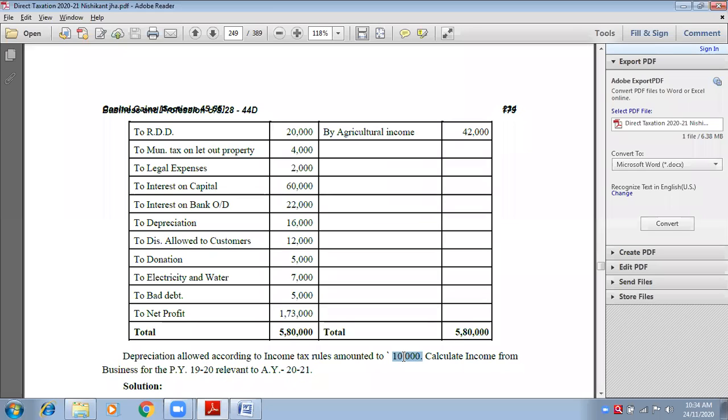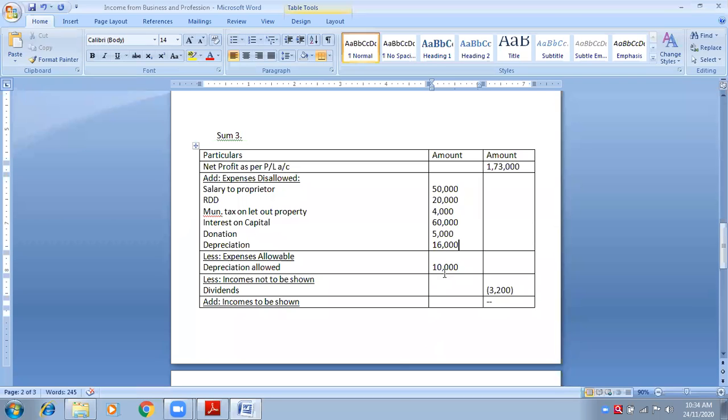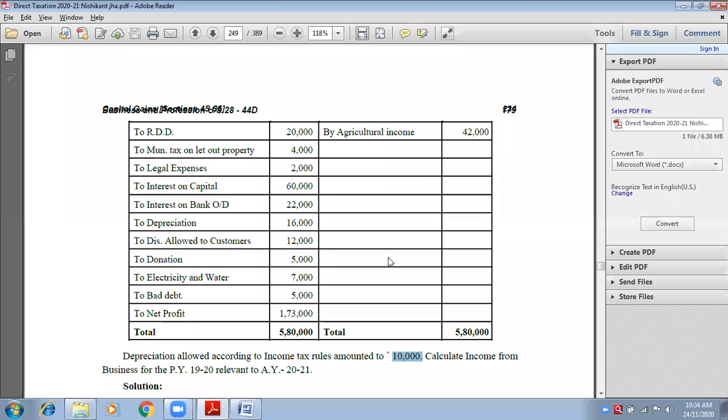So 10,000 is completely allowable and 16,000 is completely disallowable. Is it clear, everybody? Yes, ma'am. Always remember, depreciation will have two effects if the word allowed is used in the adjustment.